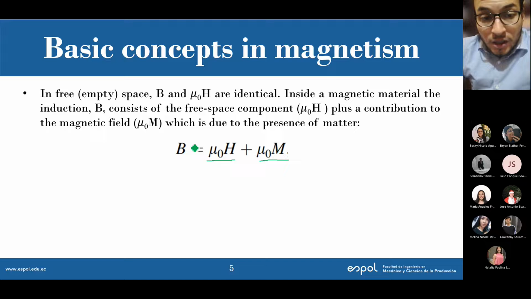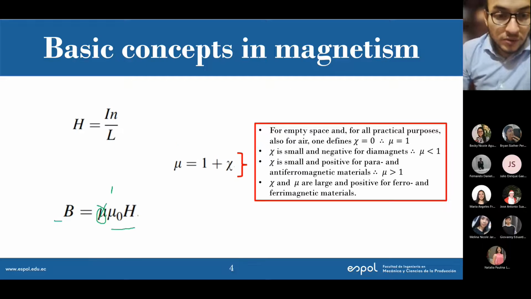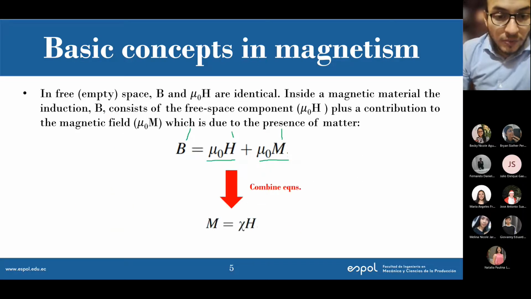If you look at this, the magnetic field strength, the magnetization of the material, and the magnetic flux are all vectors. We're just going to use their moduli, but they're all vectors. Now, let's combine this equation, this one, and we get this.